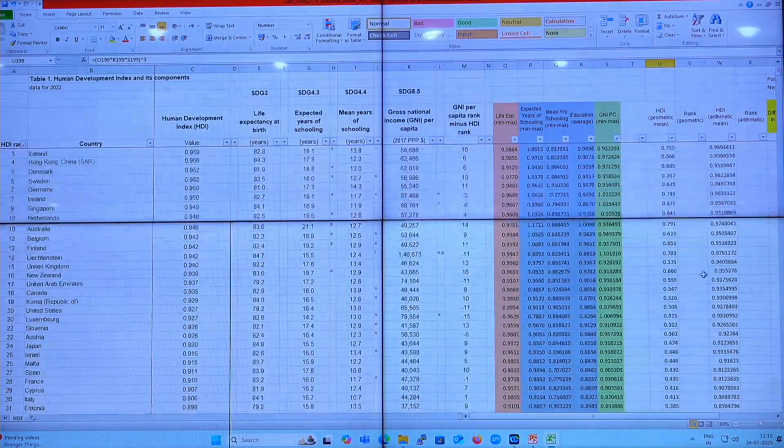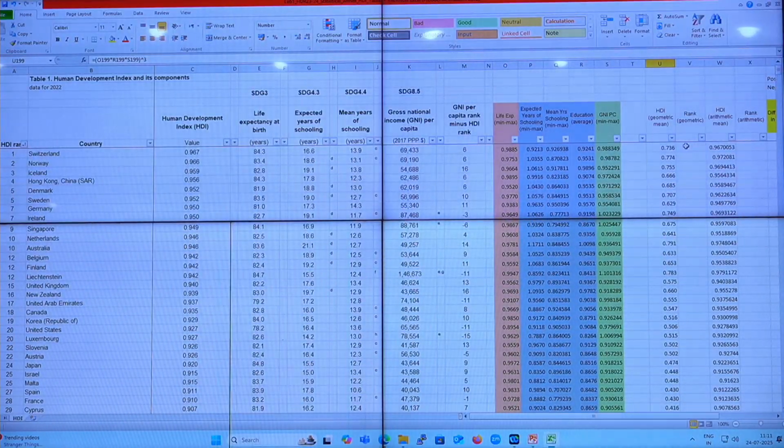Then what I'd like you to do is sort and come up with the geometric mean rank. Sort again, so you would sort here. Just so everyone's on the same page, hopefully you can see that, but if it's not big enough, I'm not sure I can make it any bigger.